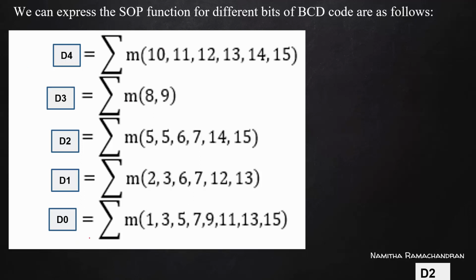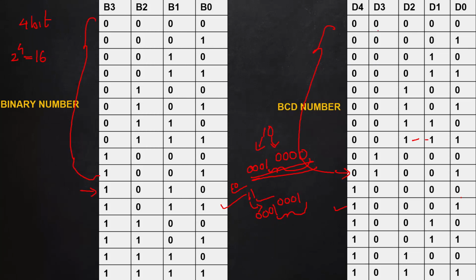This will help you to derive or directly write the K-map. While analyzing this output table, for the SOP form corresponding to D4, first consider this column for D4, and wherever a 1 is present, in this case from this row up to this, that is 10, 11, 12, 13.